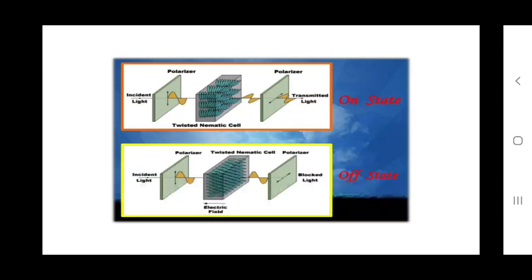Next, this light is passed through the molecules, and then again passed to another polarizer, which is placed in a horizontal way.